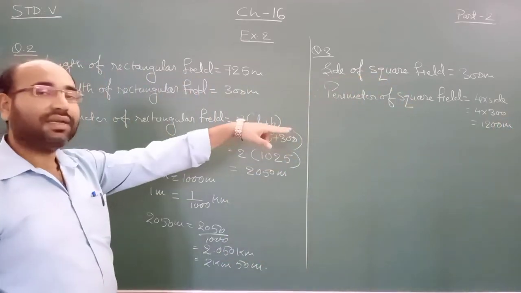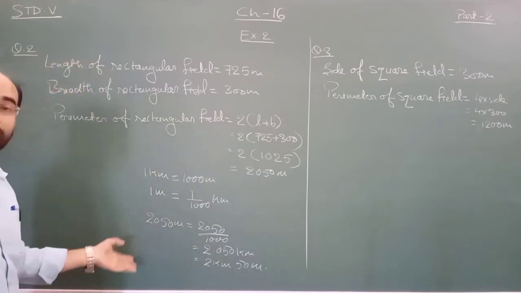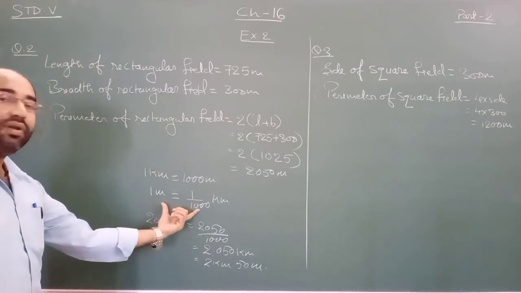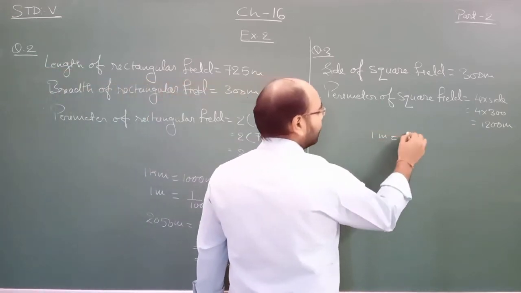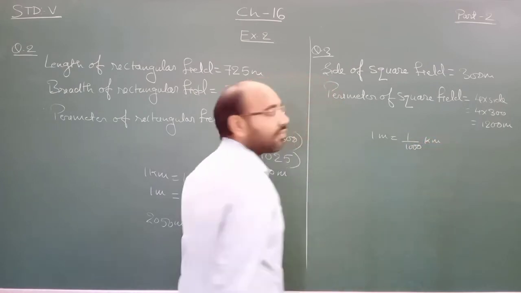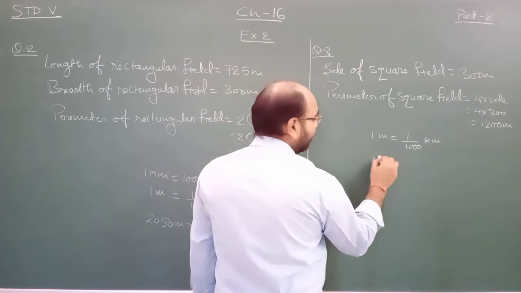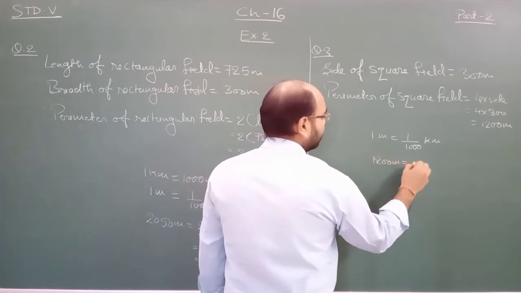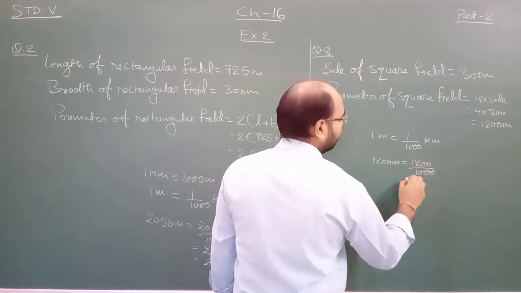Now we got the answer in meter, we have to change it into kilometer. The same process what we have done here. This only we will put directly, that 1 meter is equal to 1/1000 kilometer. So we have 1200 meter. So 1200 upon 1000.